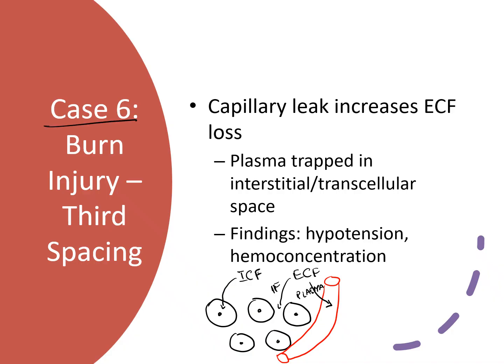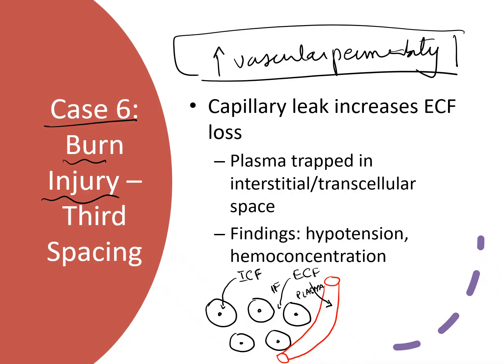Okay, our next case is if we have a patient who has a burn injury. What happens in a patient with burn? Burn will result in increased vascular permeability. So if someone has a burn, the vascular permeability of the capillary will increase, and fluid will move out from plasma into the interstitium, and that will result in extracellular fluid loss.